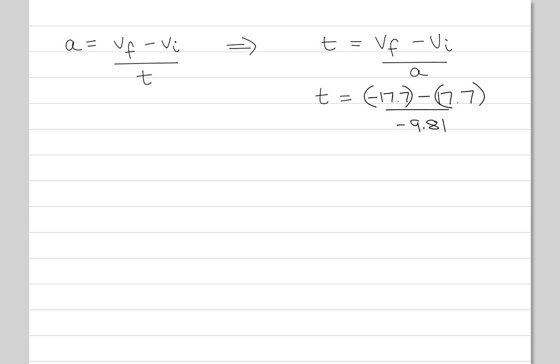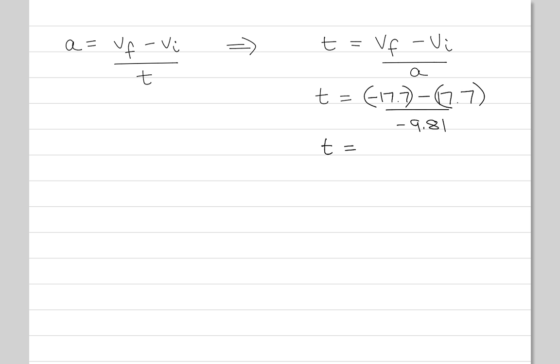When we substitute in, the final velocity on the way down is negative, and then vi is on the way up, so it's positive. So you're going to take a negative and subtract a positive. That becomes more negative, and then you're going to divide a negative by a negative, and like Hamza really wanted me to know, time is going to be positive.